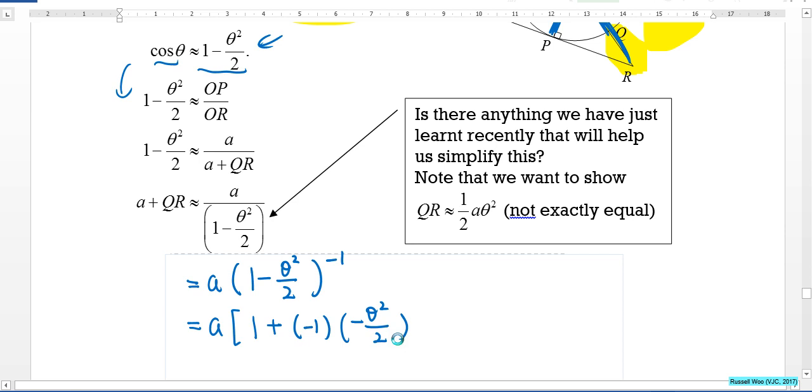Do I need to write x squared? Why no need? Because the x squared term is this one. Don't copy. This is your x squared term, right? Which, if you multiply out, is theta to the power of 4, which I don't need. The question already said we can ignore it.